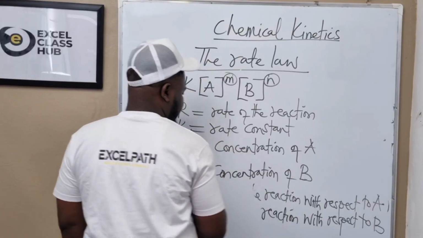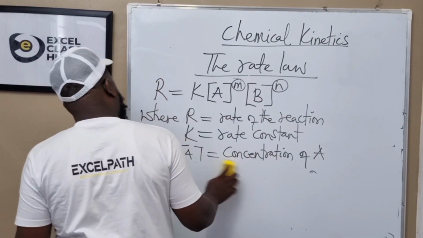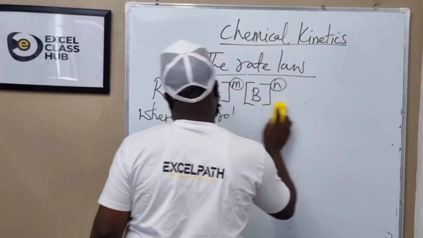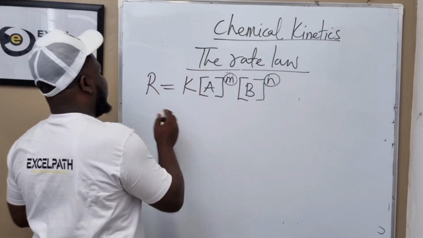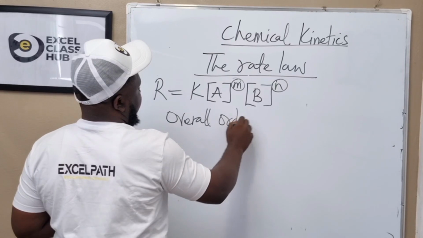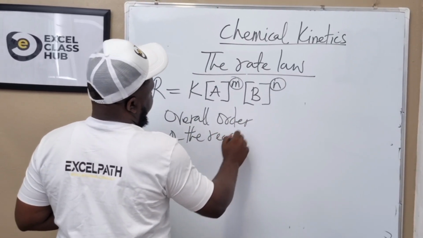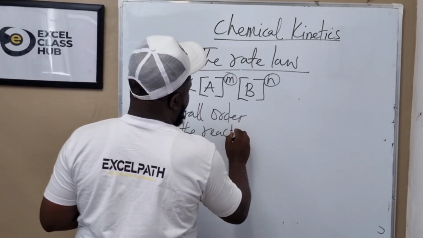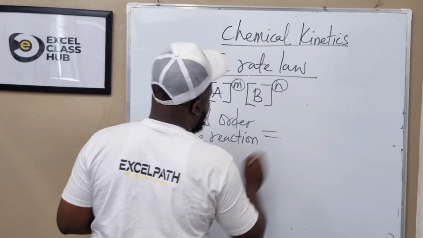So now, the likely question that can be asked under the rate law expression is, what is the overall order of the reaction? When you are given a rate law expression, you can be asked that. Now take note of this.